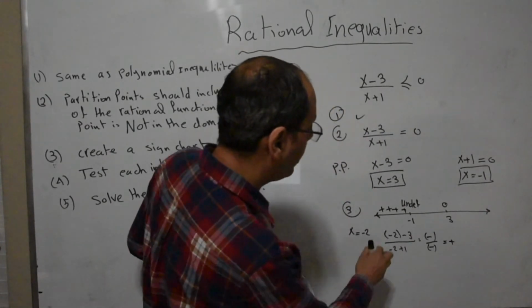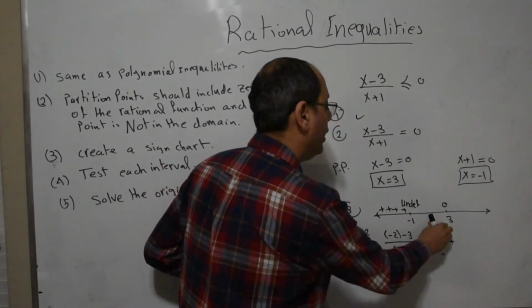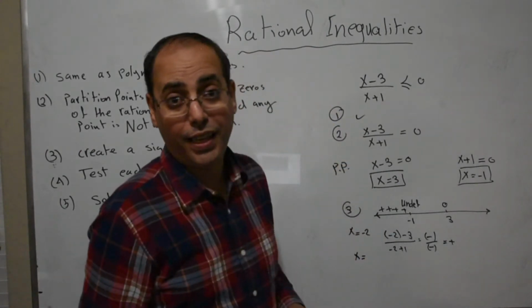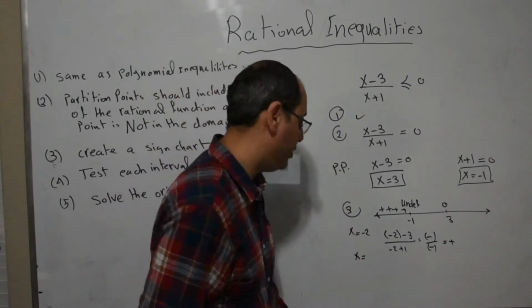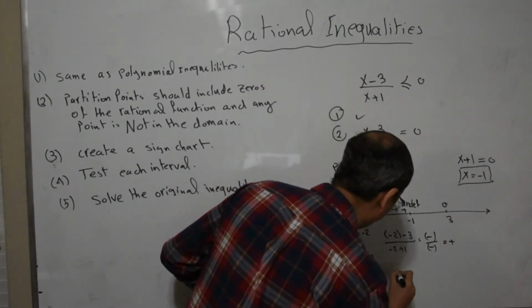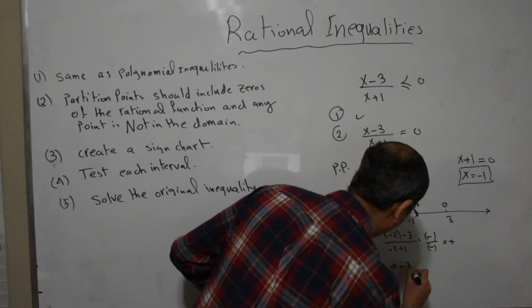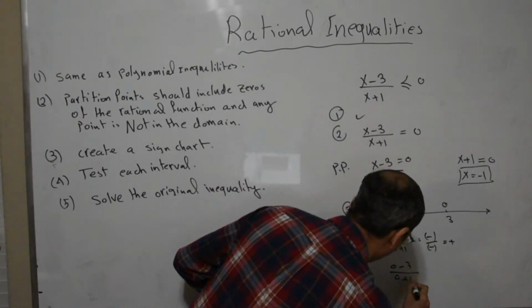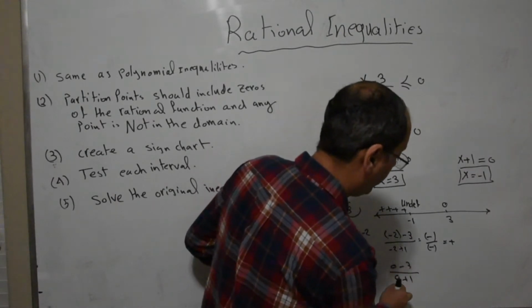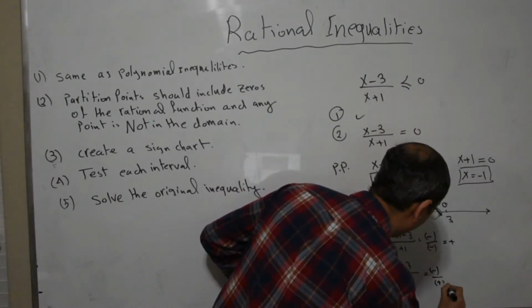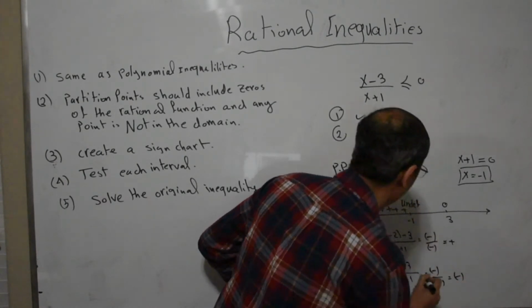Now I need a point between negative 1 and 3. The easiest point is, yeah, I hear you said 0. So I have (0 minus 3) over (0 plus 1), which is negative 3 over 1, negative over positive, which is negative.